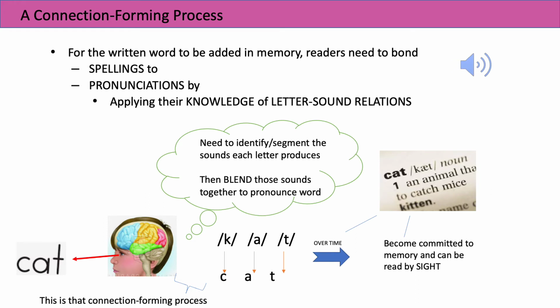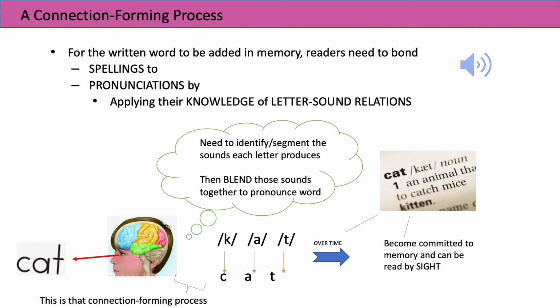When a reader sees the words on a page, they need to identify and segment the sounds each letter produces. Then they blend those sounds together to pronounce the whole word. Thus, grapheme-phoneme knowledge, or alphabetic knowledge, is wholly essential for literacy acquisition and to reach a mature state of reading.